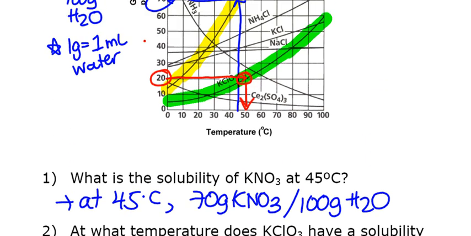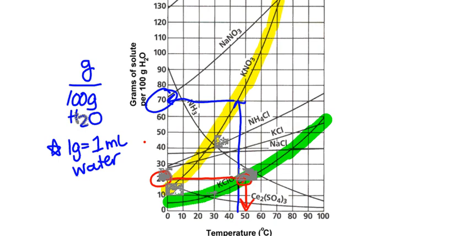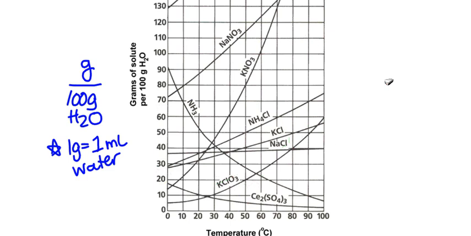So if we go up here and try to find ammonia, let's get rid of some of this extra busyness so it helps us see the question a little better. Ammonia is this curve right here. One thing you should notice that's different from a lot of other substances is that the solubility is decreasing as the temperature increases.